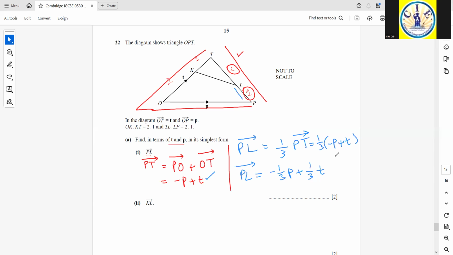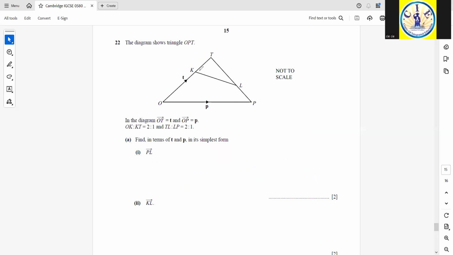Okay, now KL. KL is this one. We can reach from K to L by following this path: KO plus OP plus PL. So KO plus OP plus PL.